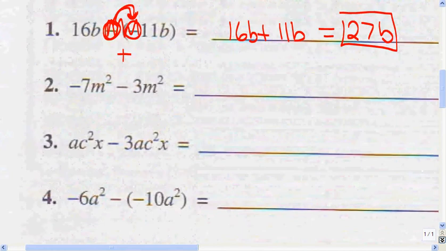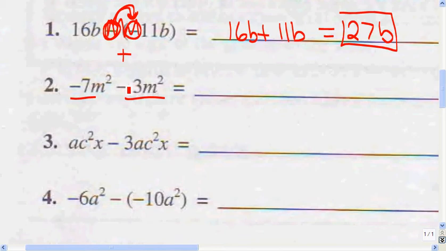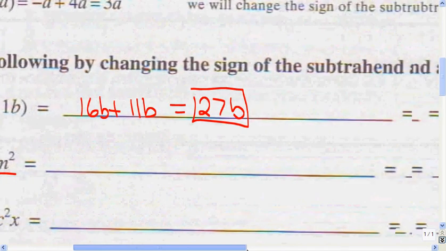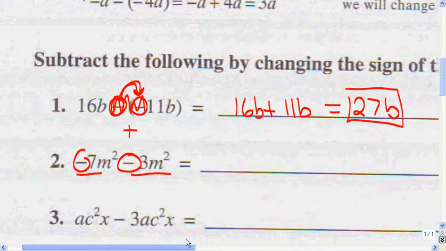Here what we have is a negative 7m squared and a negative 3m squared. Remember what I told you about when the answers are negative. But here they're asking you to do something in the directions: subtract the following by changing the sign of the subtrahend and combining as in addition. So they want you to subtract.